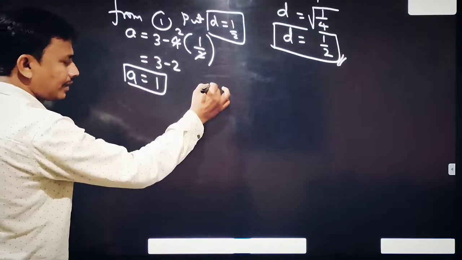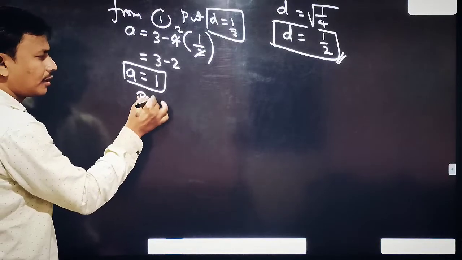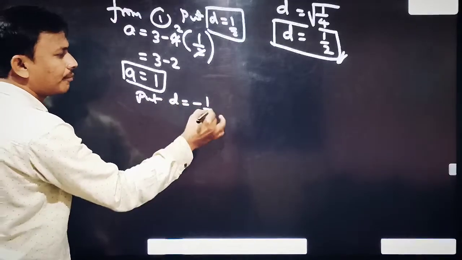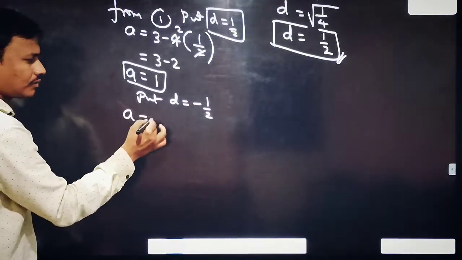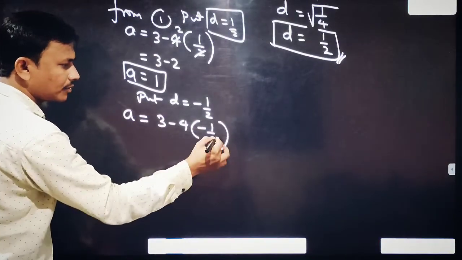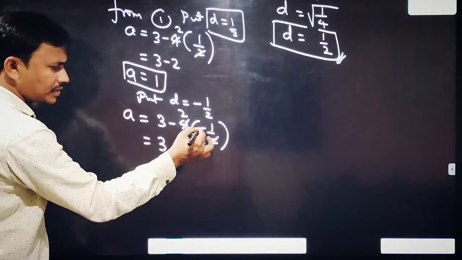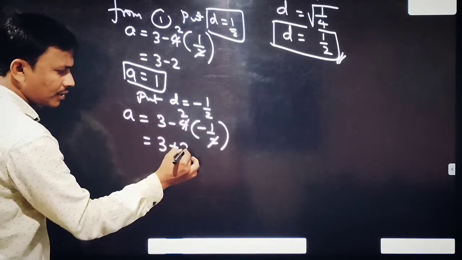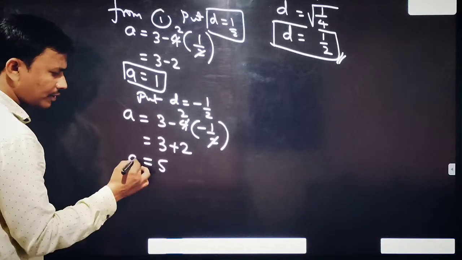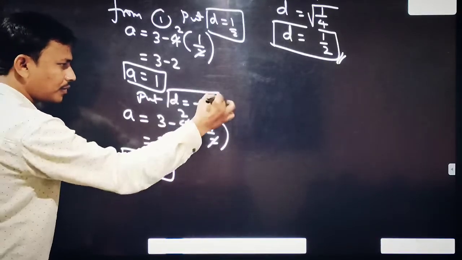Then when D is equal to minus 1 by 2, A is equal to 3 minus 4 in bracket minus 1 by 2, 2 ones are 2, minus into minus plus, 3 plus 2 is 5. When D is equal to minus 1 by 2, A is equal to 5.